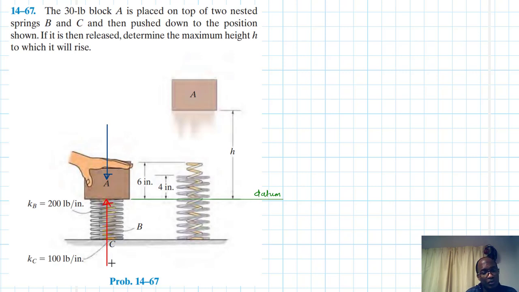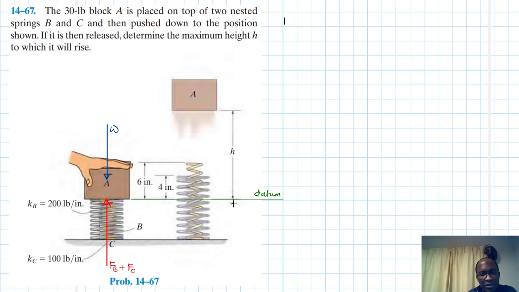Of course, we do have two springs there, so we'll say F. This spring one is B, and the other one is C. Right, so in solving this particular problem, like we said earlier on, we are going to use the conservation of energy, and we can define it by this equation.